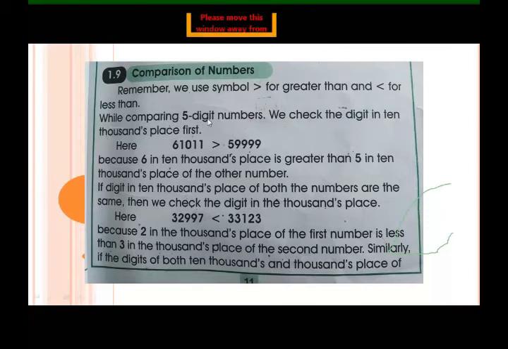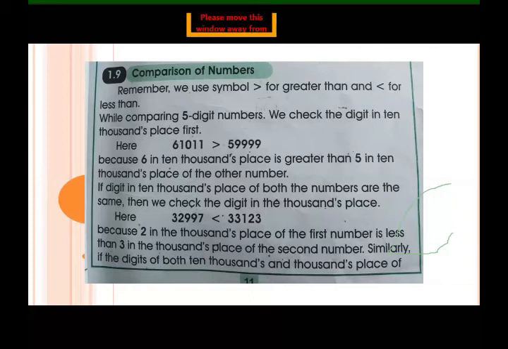While comparing 5-digit numbers, we check the digit in 10,000s place first. So we are working with 5-digit numbers. Today our main topic is about 5-digit numbers. And you know 5-digit comes at the place of 10,000. 4-digit comes at the place of 1,000. You have to know that.